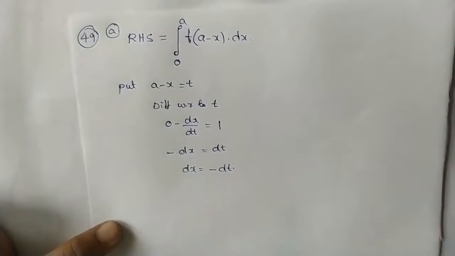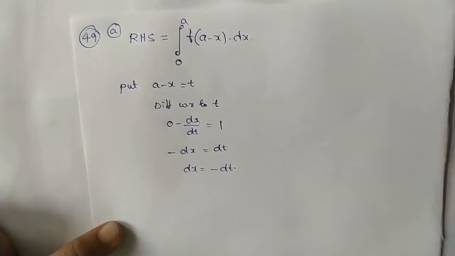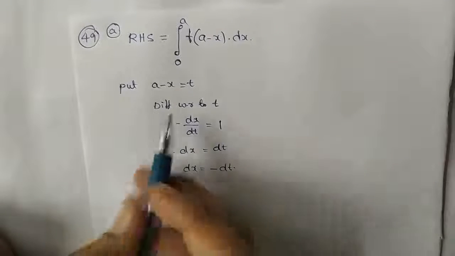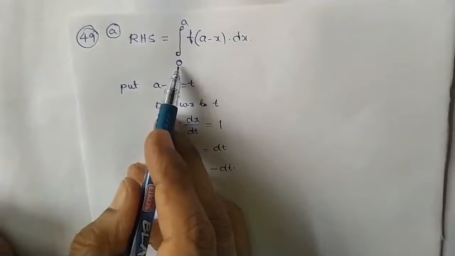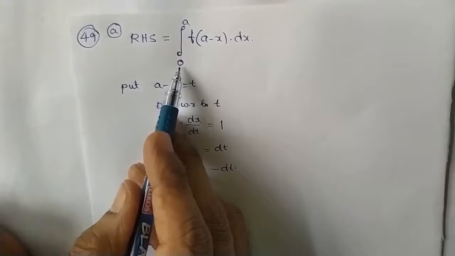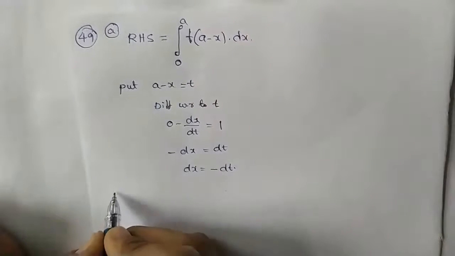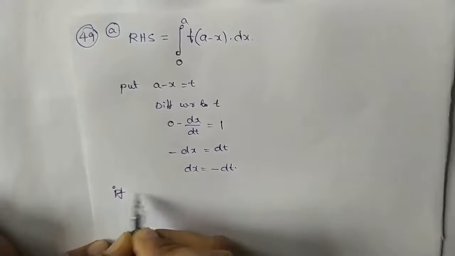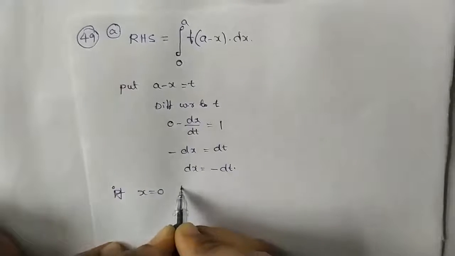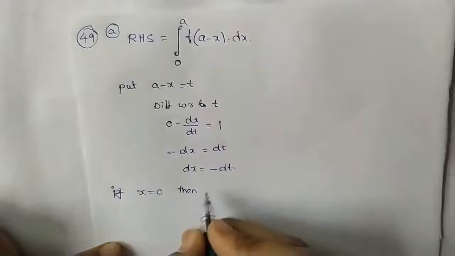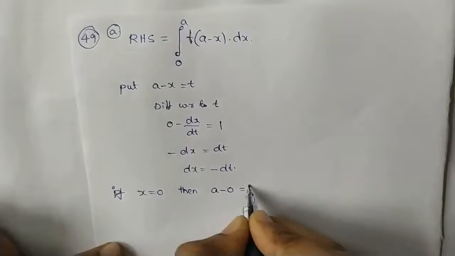Now let us apply this substitution in the RHS. Before that, what about the intervals? See the limits. If x equals 0, then a minus 0 equals t.